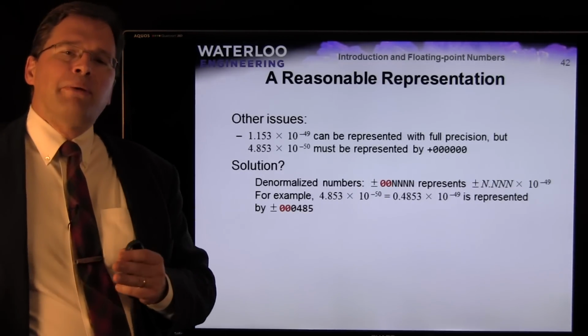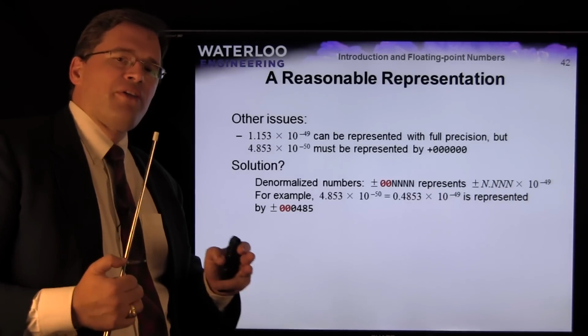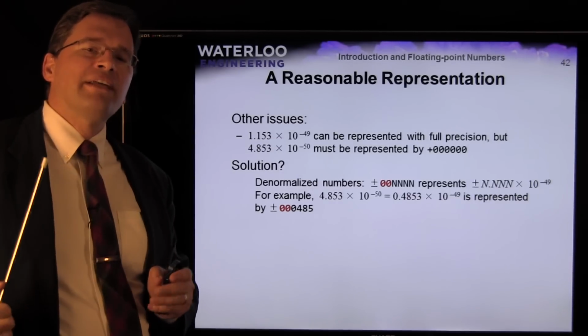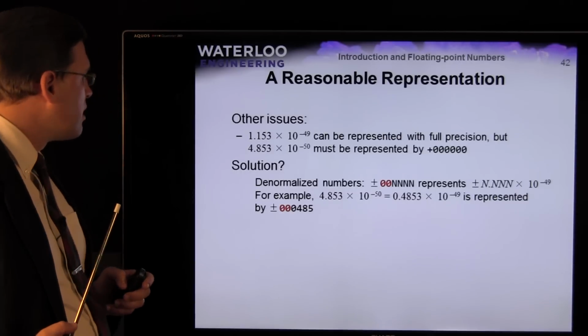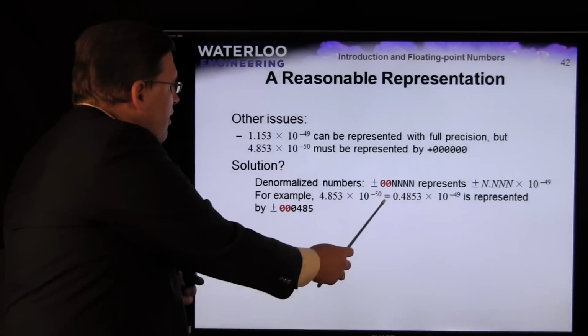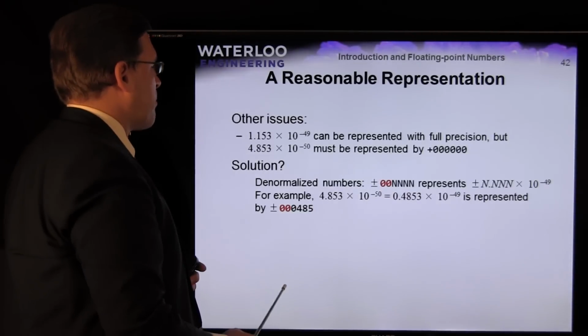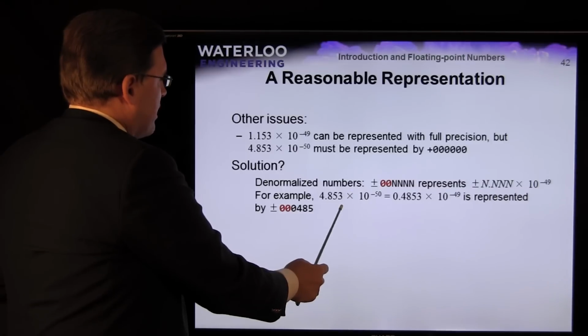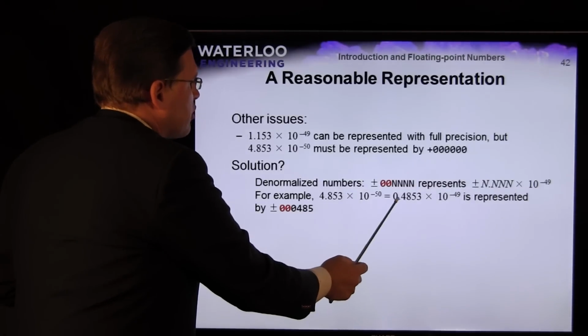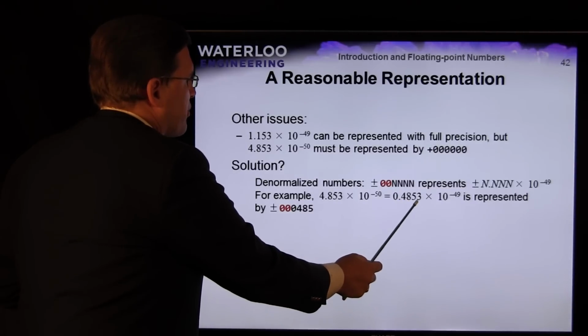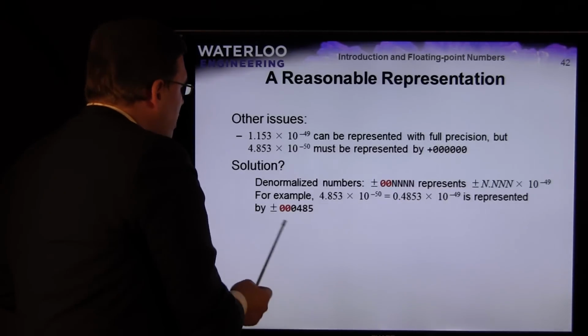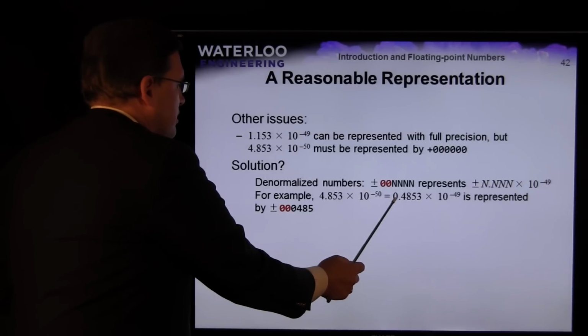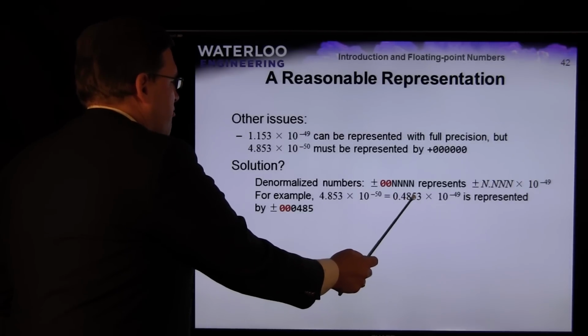So what this means is we can represent numbers even smaller than 1.00 times 10 to the negative 49. So for example, this number can now be represented by 10 to the negative 50. Well, that's 0.4853 times 10 to the negative 49. That's 0.485.